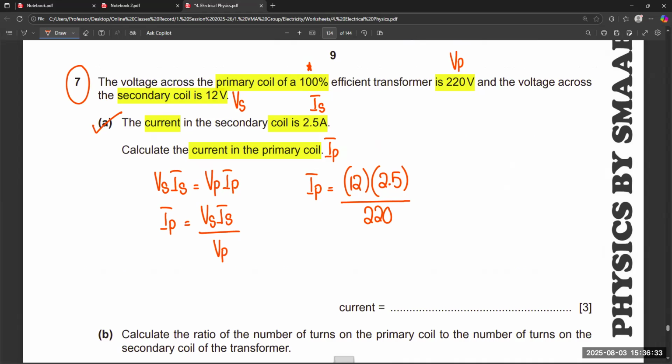So 12 multiplied by 2.5 divided by 220 is 0.136, about 0.14 ampere. This is the value of electric current.